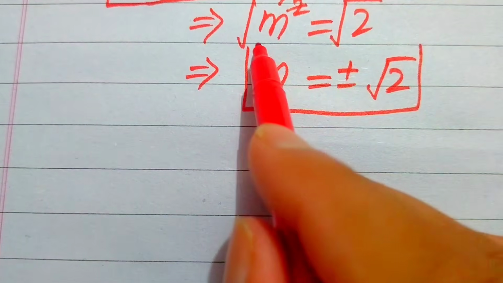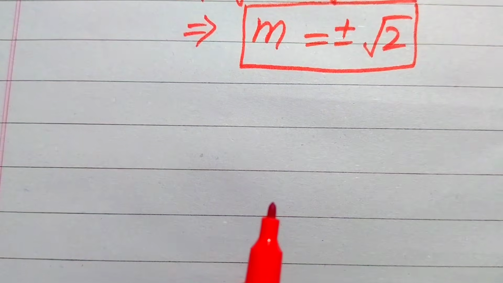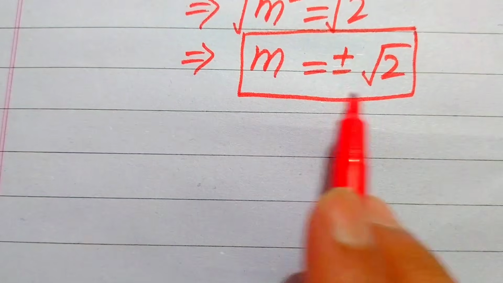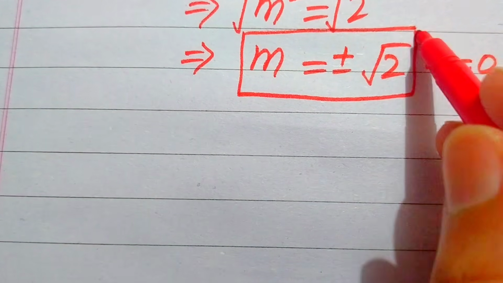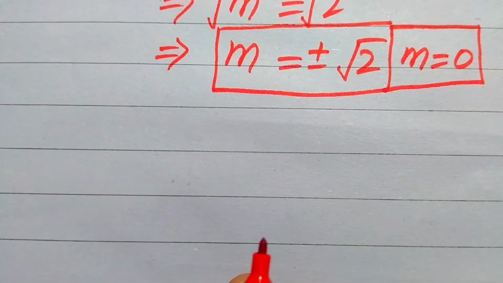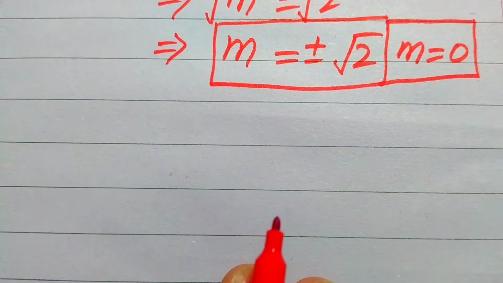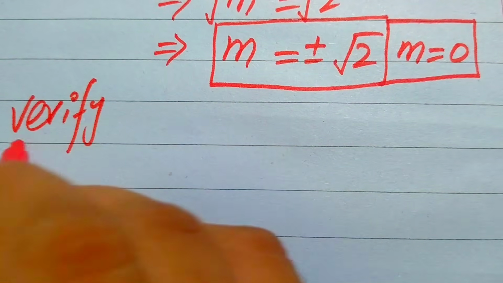So these are the other two roots of the given equation. And finally here we get three roots of the given equation, in which these two roots are plus minus square root of 2, and we have m is equal to 0 as the third root of the given equation. So now in the next step we need to verify whether these roots are solutions or extraneous roots.